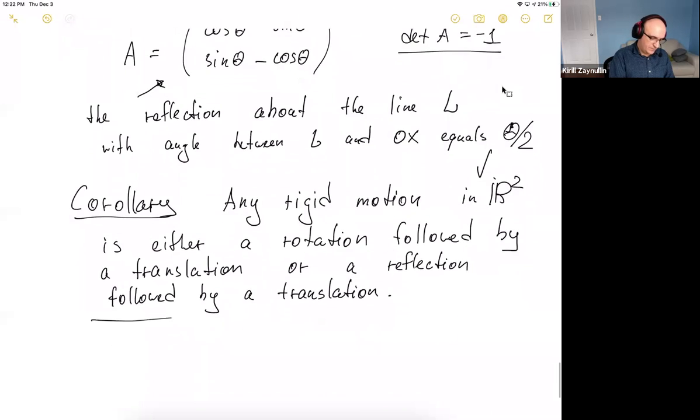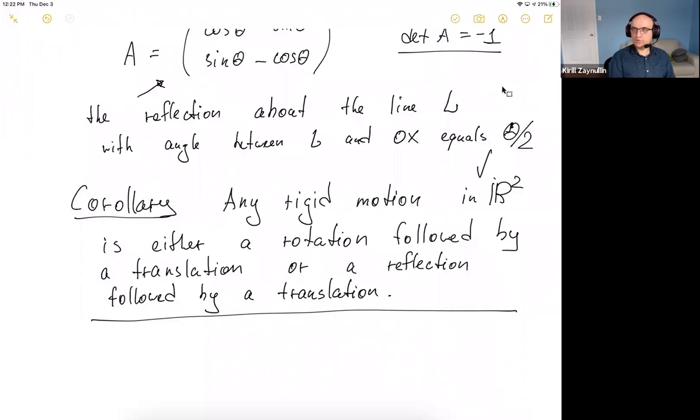Maybe let me finish by saying that you can actually do a little bit better, but I'll just mention this. What you can also show is that any rotation can be written as a composite of at most 2 reflections.